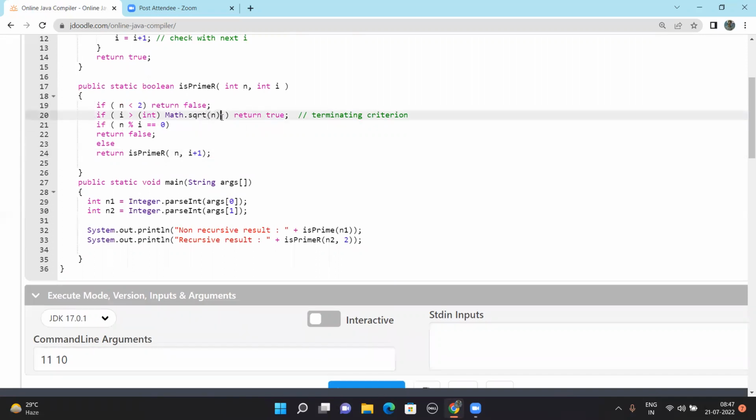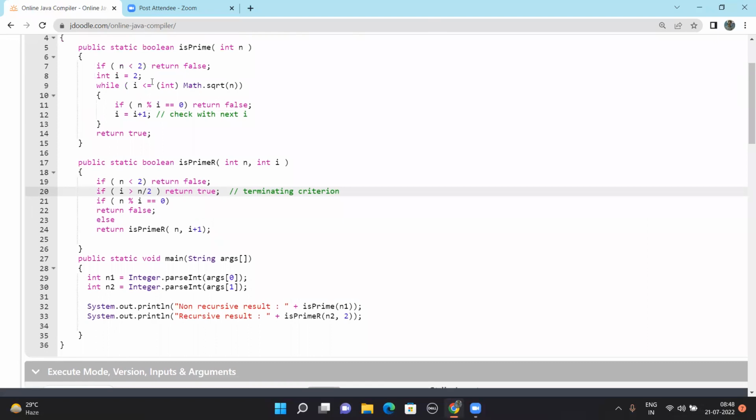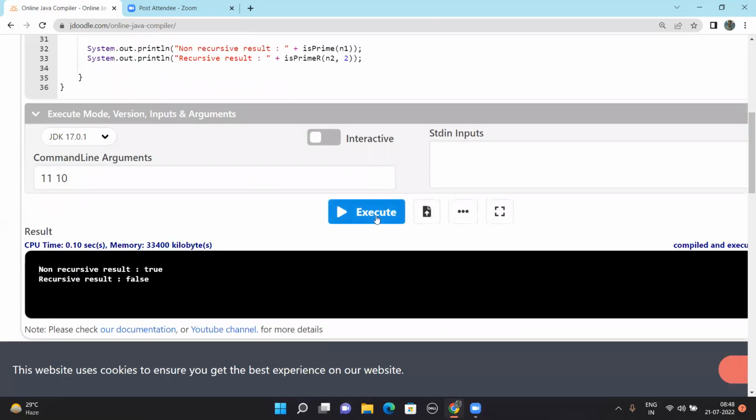Or if you want to simplify it, you don't want advanced criteria, you can make it i greater than n by 2, and here i less than or equal to n by 2, the popular condition. It doesn't make any difference for small values of n, but for higher values, it does make a difference. For 11, it is true, non-recursive output. For 10, it is false.